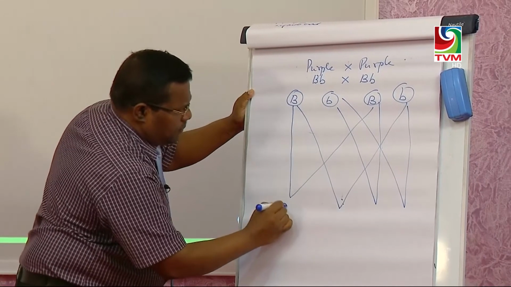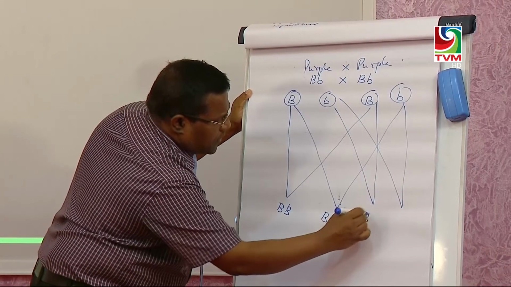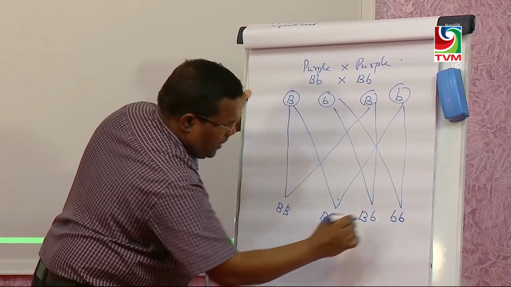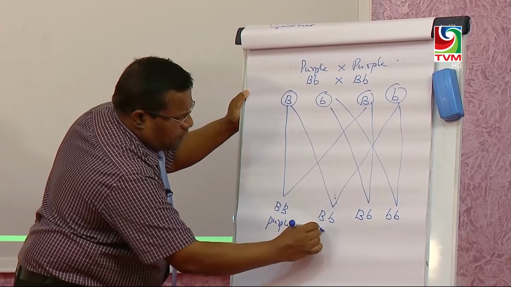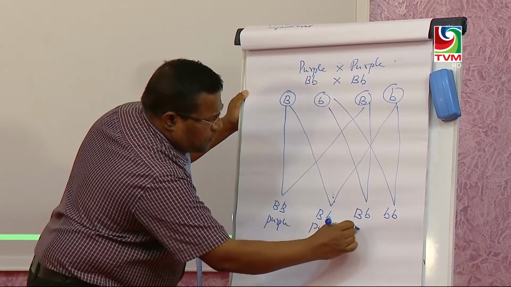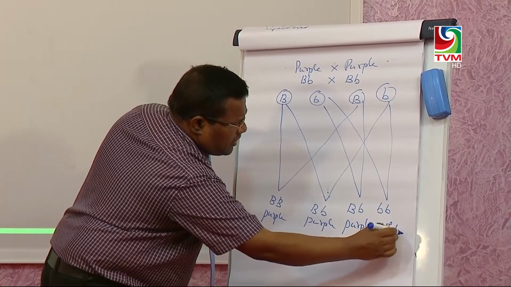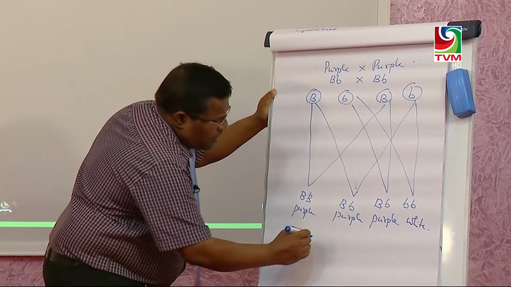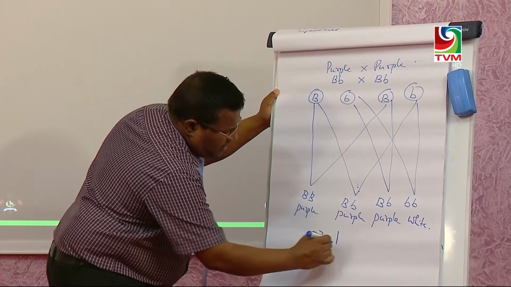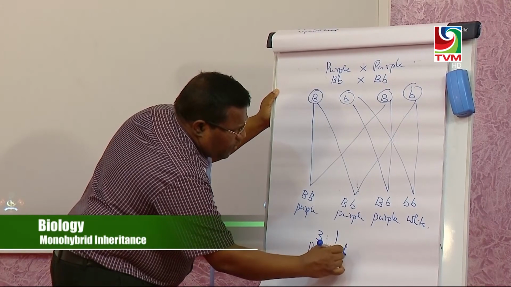And here capital B, capital B, capital B, small b, capital B, small b, small b, small b. So this will be purple, this will be purple, this will be purple, and this will be white. So they are getting the phenotypic ratio 3:1. That means purple 3 of them and white 1 of them.